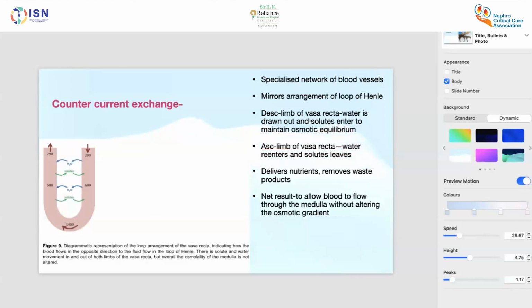In the ascending limb of the vasa recta, water re-enters and the solute leaves. These vessels also deliver nutrients and remove waste products like CO2 from the nephrons. The net result is to allow the blood to flow through the medulla without altering the osmotic gradient created by the loop of Henle.